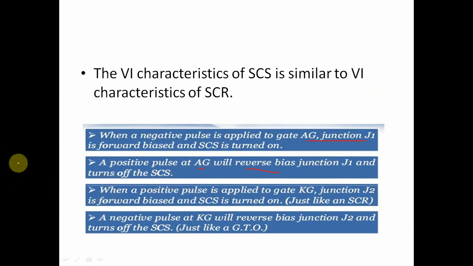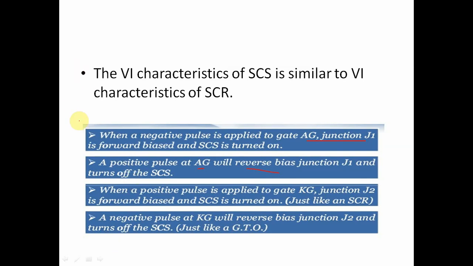When a positive pulse is applied to the cathode gate, junction J2 is forward biased and SCS is turned on, and a negative pulse at the cathode gate will reverse bias junction J2 and turn it off.